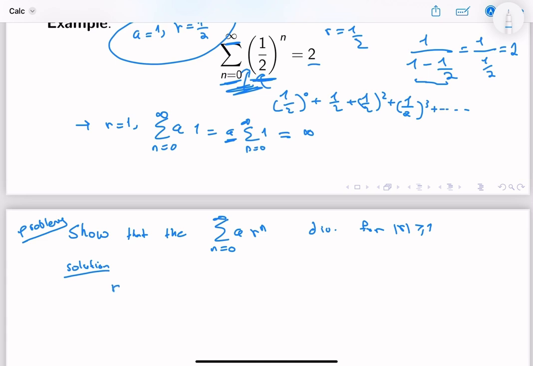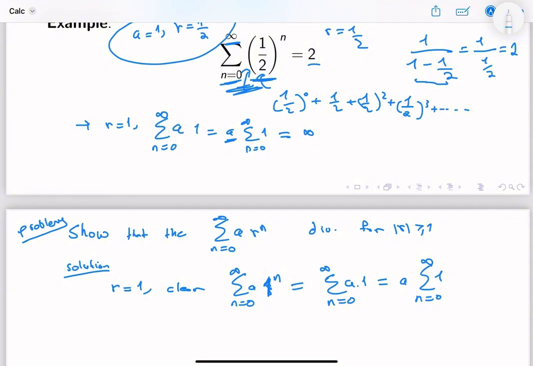But let us observe that for r equals 1, this is clear, because the sum is now 1 to the n, just as we discussed, from n equals 0 to infinity, which is equal to the sum of a times 1 to infinity, which is a times the sum of 1 from n equals 0 to infinity, and we're assuming a is not 0, of course.